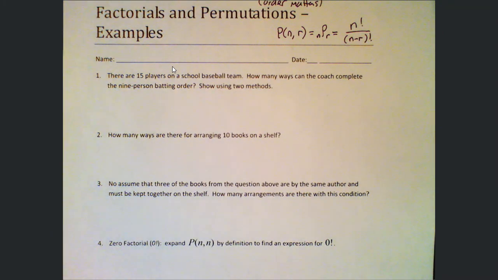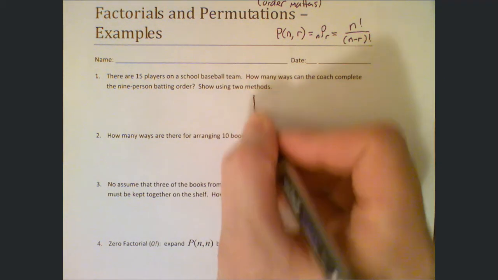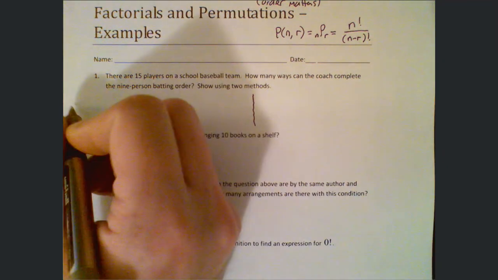Okay, so this next thing says there are 15 players on a school baseball team. How many ways can the coach complete the 9-person batting order? Show 2 different ways. Well, one way is to say, all right, first person up, there's 15 people to pick from.